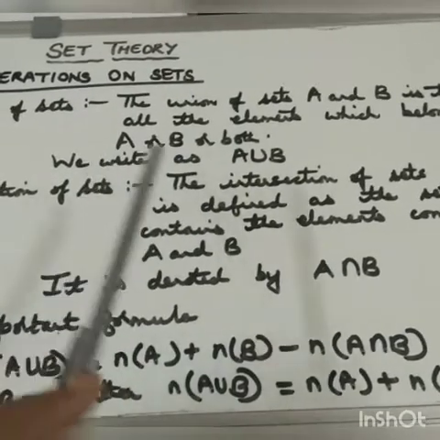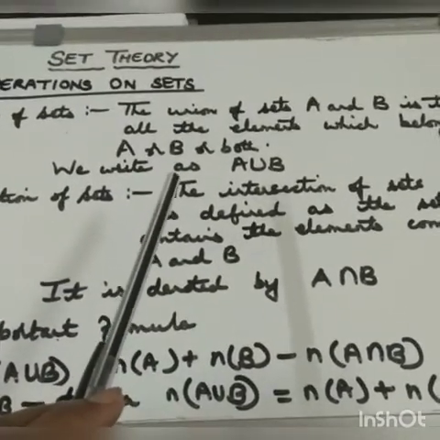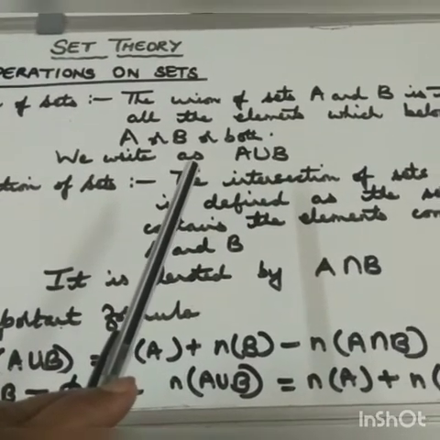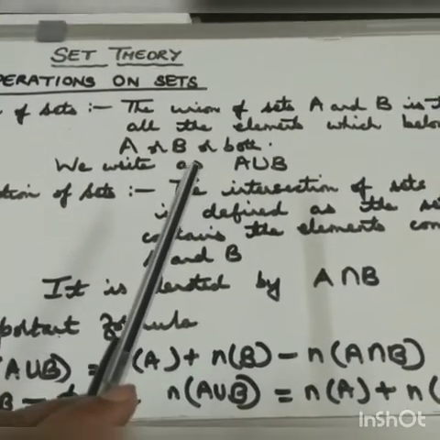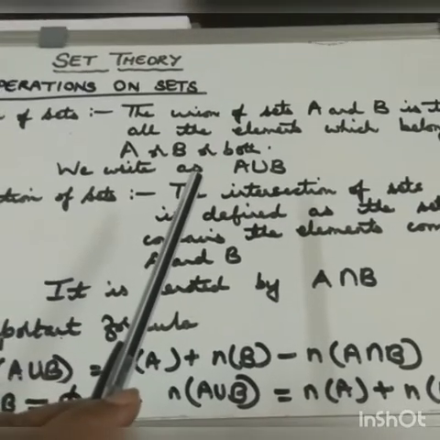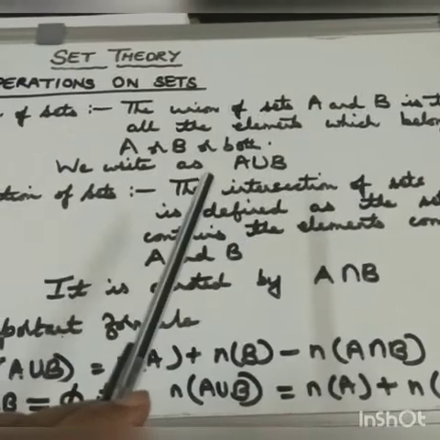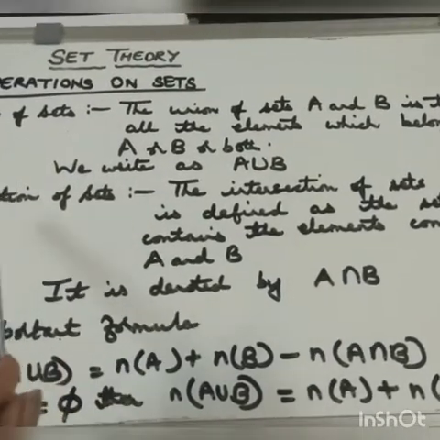They are common in A and B both, but we don't write the common element two times because you already know in a set we should have distinct elements. I hope you understood.